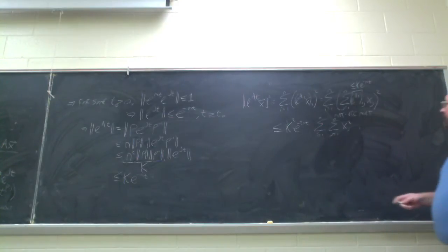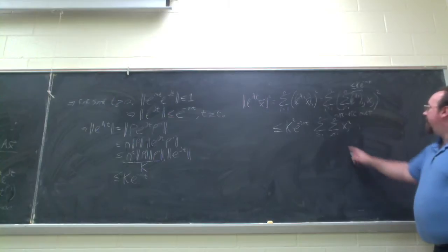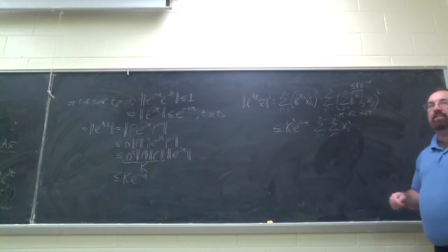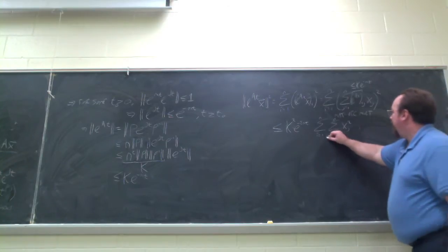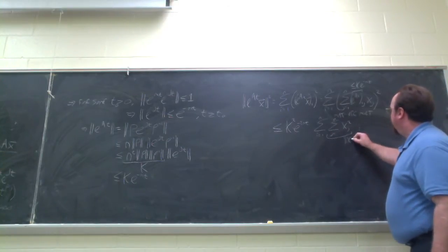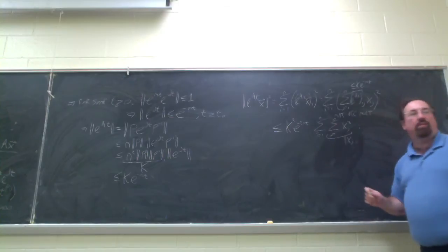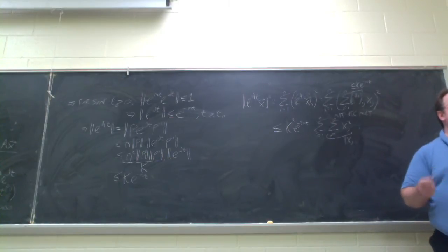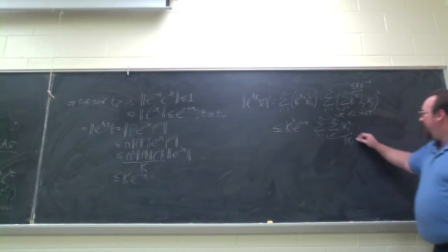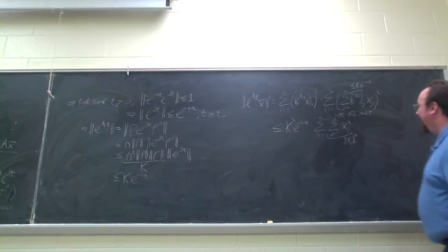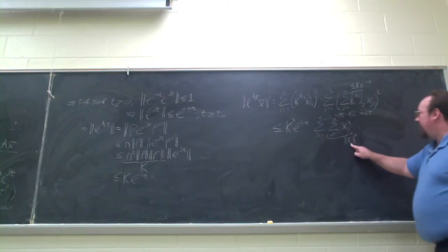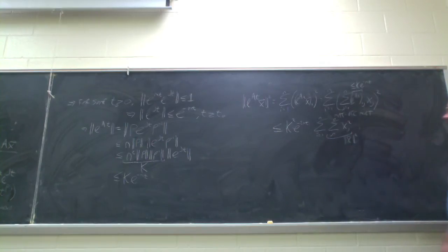If I take the sum of squares of a vector's components and add them all up, that's the vector 2 norm. Sorry, that's not xj, that's just x. J goes from 1 to n.